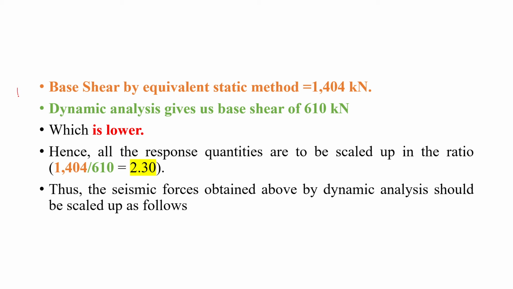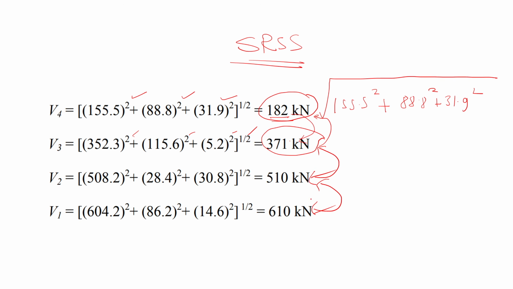I have done this by equivalent static. In the last video, you can check the link in the description box, in that same problem the equivalent static base shear was 1404. In this problem, base shear comes out to be 610, because this is the value at the base.